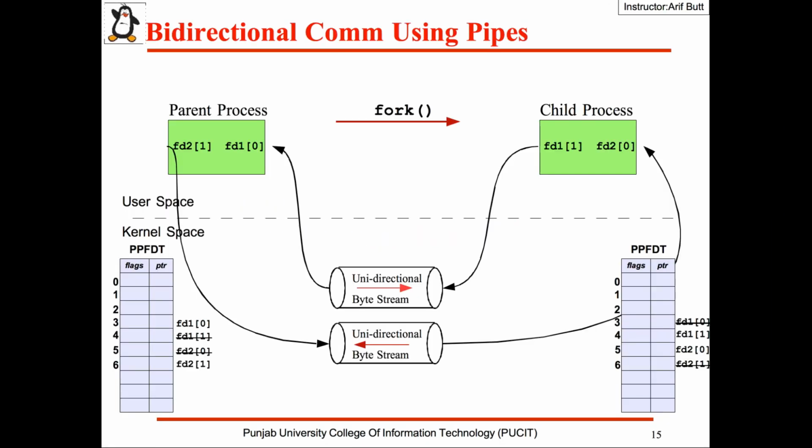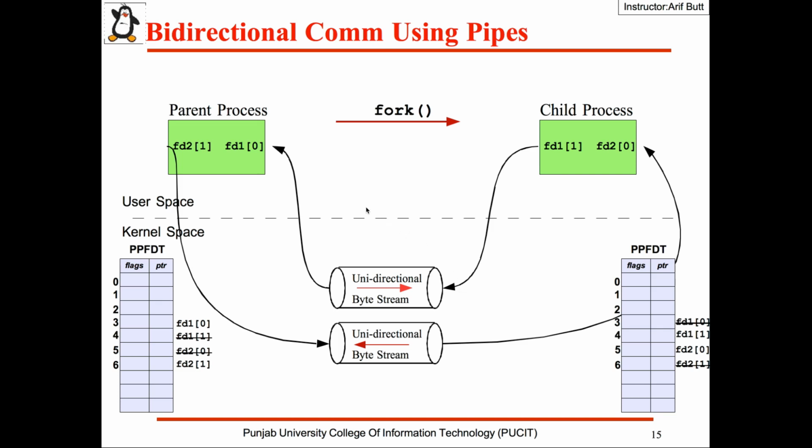Okay, so this slide shows you an illustration of bi-directional communication using pipes, and of course we need two pipes for that. So the parent process will create two pipes. We'll have 4 additional descriptors over here, and since the parent process wants to read from this pipe, this is the connection which is required.